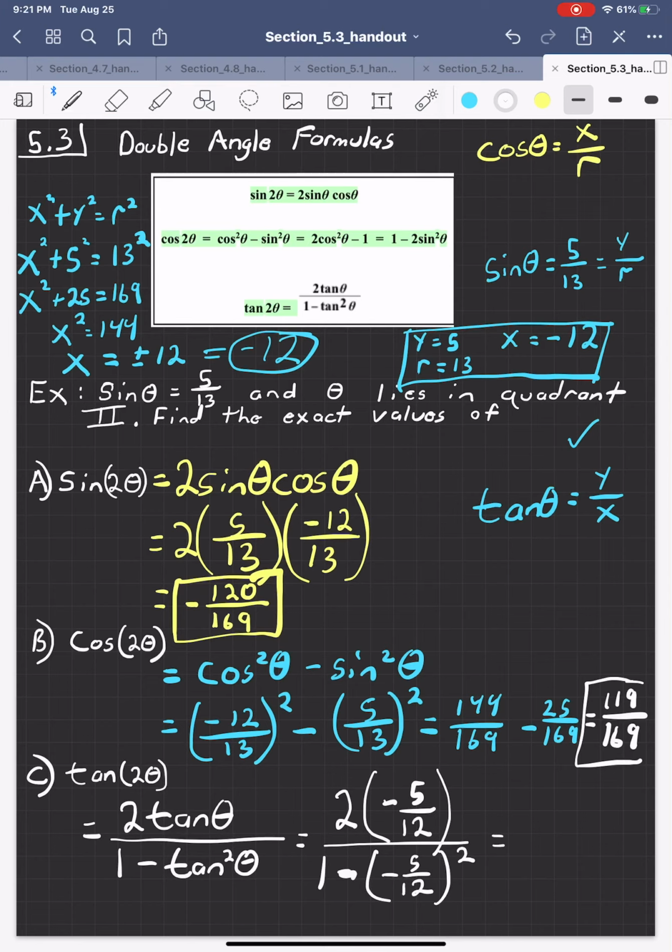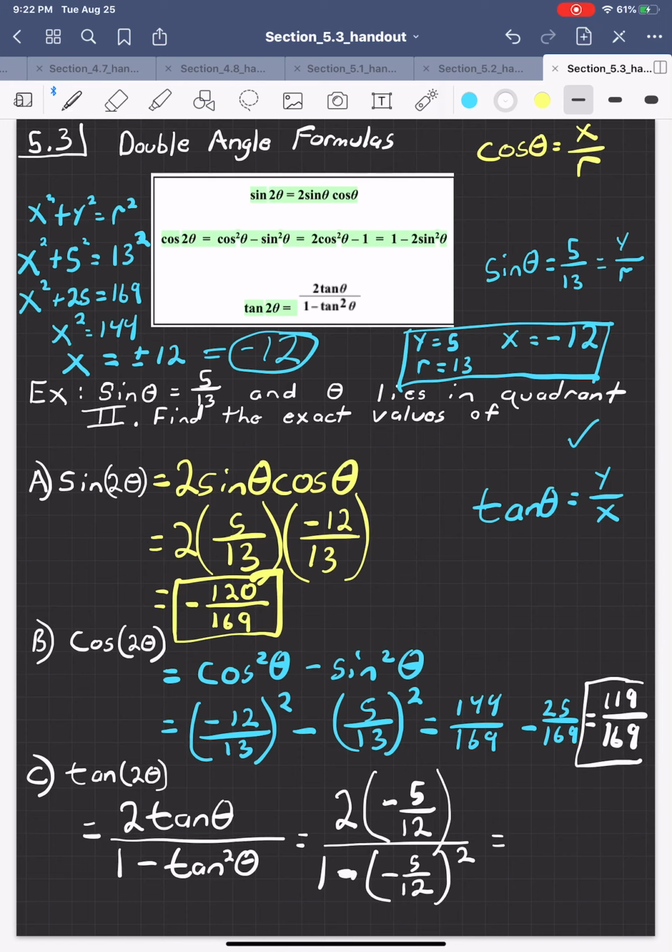All right, at this stage, we just got to clean it up. We distribute, we combine, but I'm going to skip this because I don't have the spacing to do it, and these are skills that you would have or should have mastered by now.